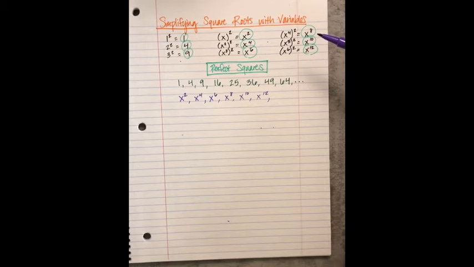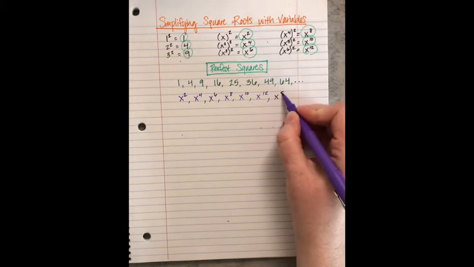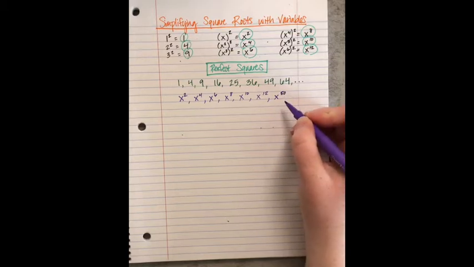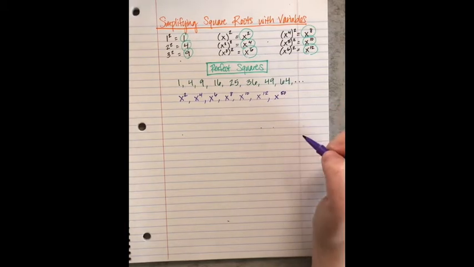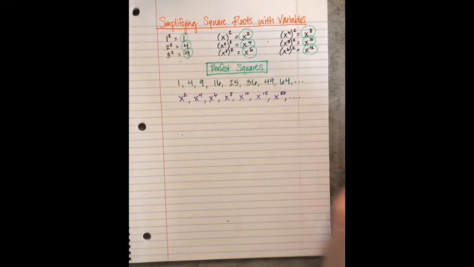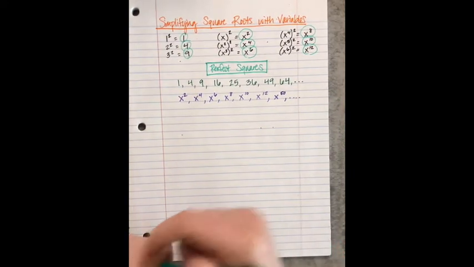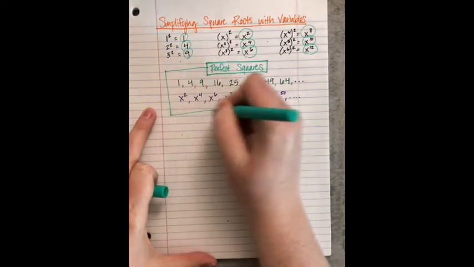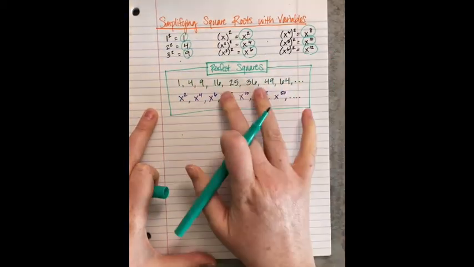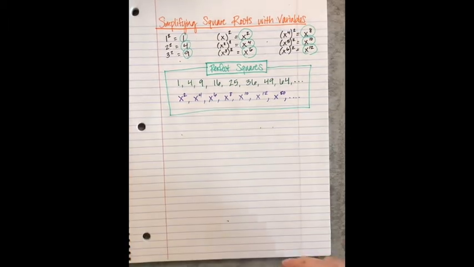They are definitely even. So if you had x to the 50th power, 50 is an even number, that's also a perfect square. It's a perfect square variable. So this little thing right here, we're going to box this up. We're going to refer back to this quite a bit.